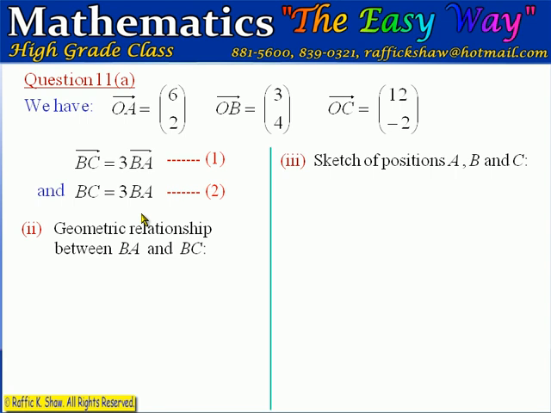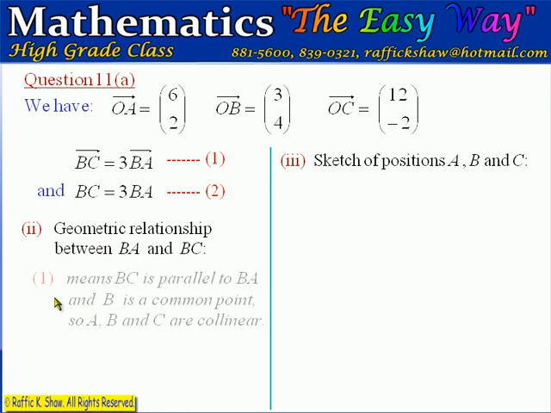So let's go ahead and show that. The first equation, which is a vector equation, means that BC is parallel to BA. And because B is a common point, it also means that the points A, B, and C are collinear, meaning they are on a straight line. That is what we can deduce from this first vector equation.